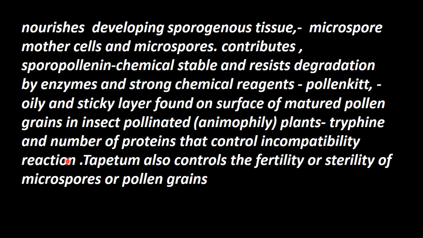So it is restricted, so there is an incompatibility. Only selected pollens which are compatible are allowed into the stigma to develop further. Okay. So that type of proteins and tryphine, all these things are produced by the tapetum.